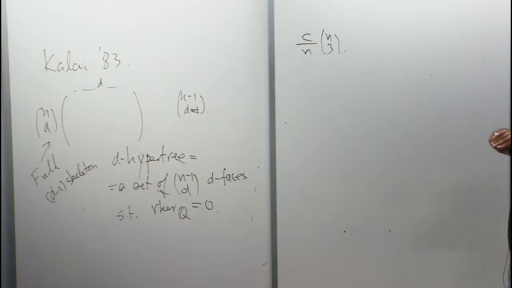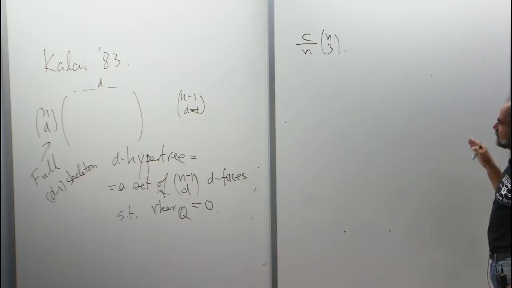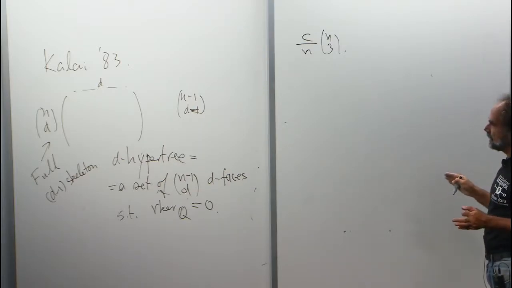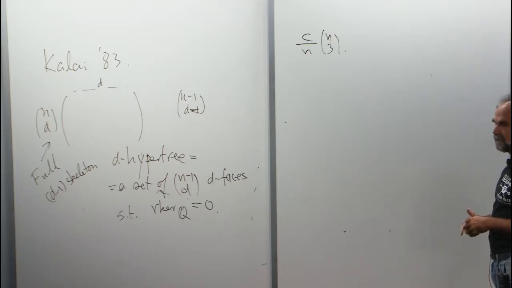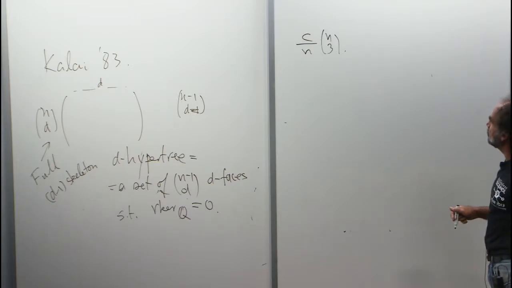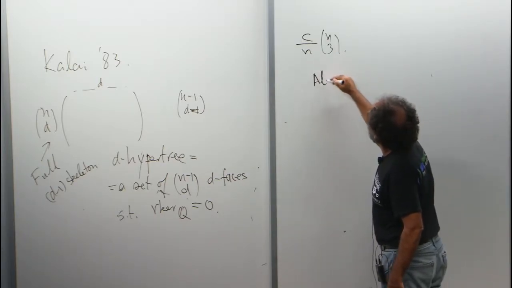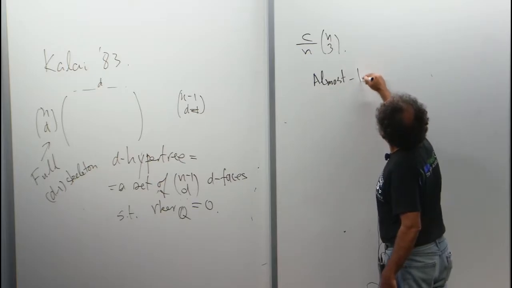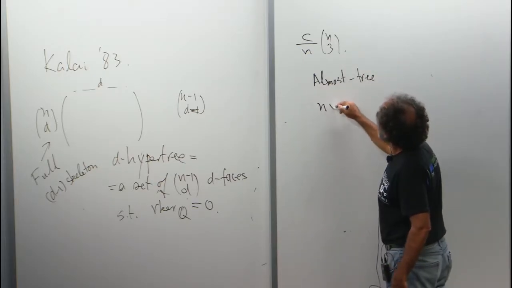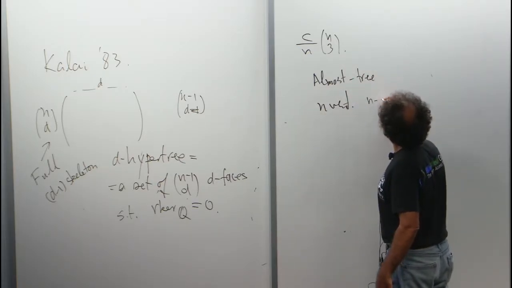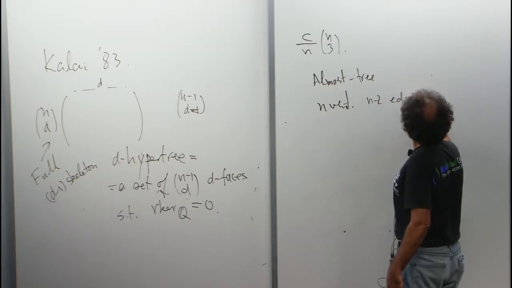Okay. So just to illustrate how different these things are, and there's still an interesting choice of what we should consider as the most interesting, or perhaps there are several interesting definitions of an analog of a tree. So let's say you have in a graph an almost tree. So this means n vertices, n minus 2 edges, no cycle.